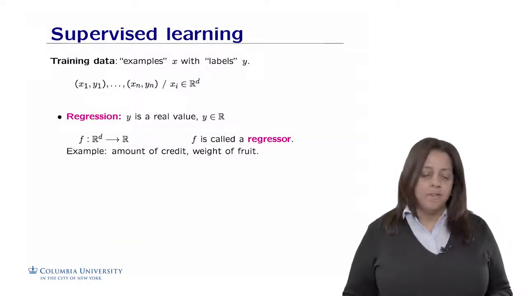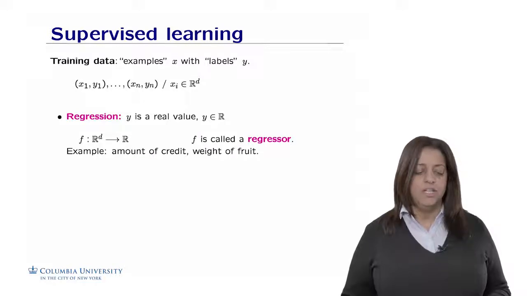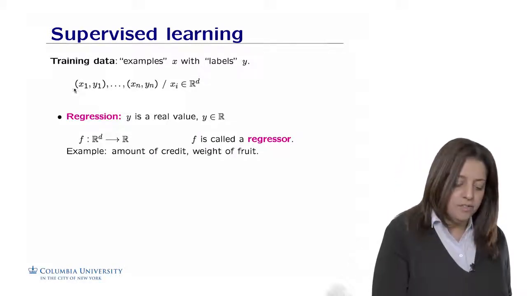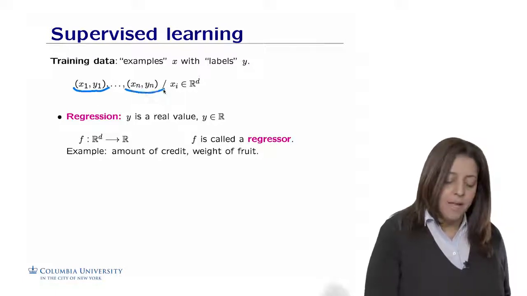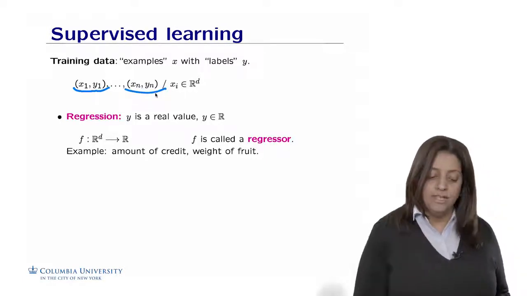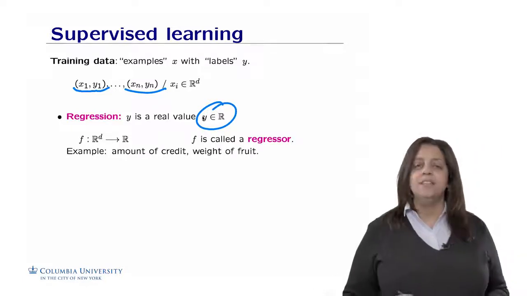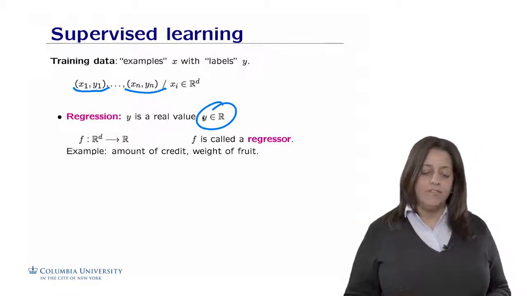So there's another category of supervised learning, which is regression. In this case, we still have our feature values and labels, but the labels happen to be in R, which means that instead of having a label plus or minus, we would have a real value that tells, for example, the amount of credit.